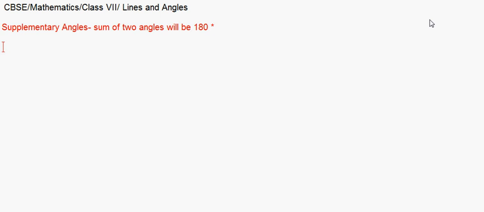And on the other hand, when the sum of two angles is 90 degrees, then the pair of angles are called complementary angles.